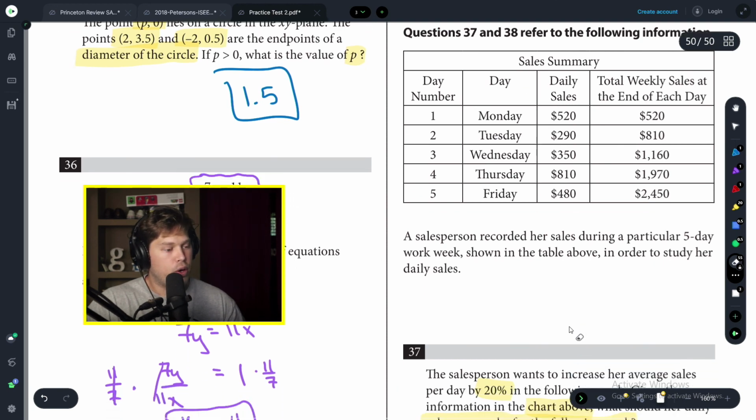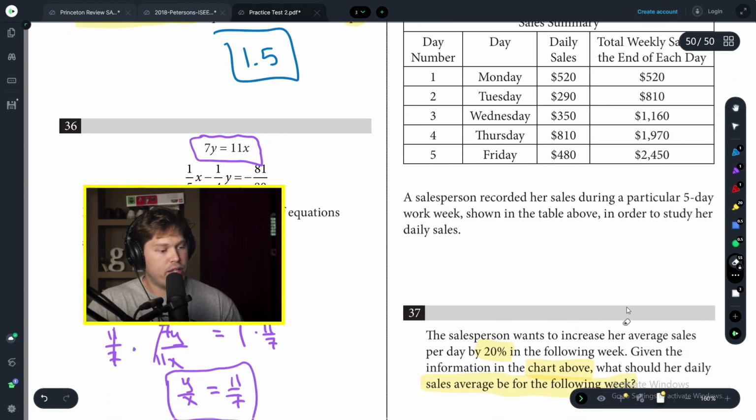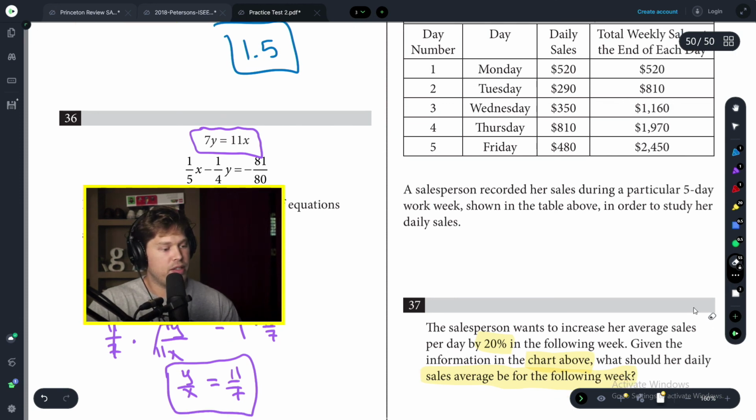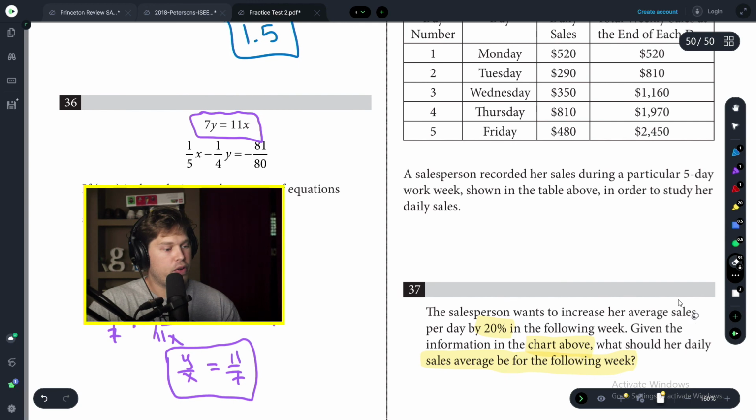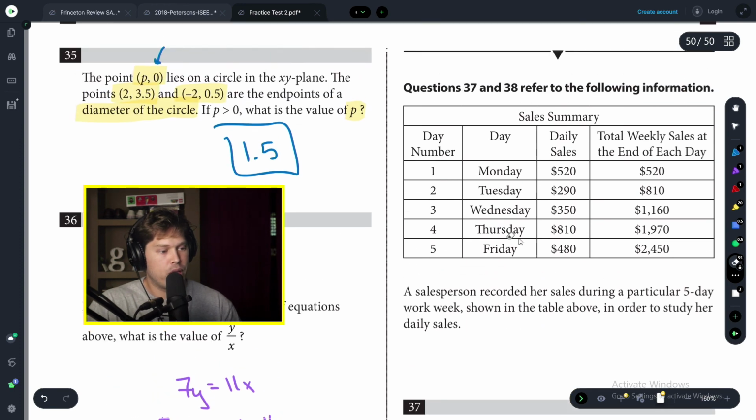We are told that she wants to increase her average sales by 20%. Given the information, what should her daily sales average be for the following week? Let's look at our chart. Our chart gives us our daily sales, and it gives us the total weekly sales at the end of each day.